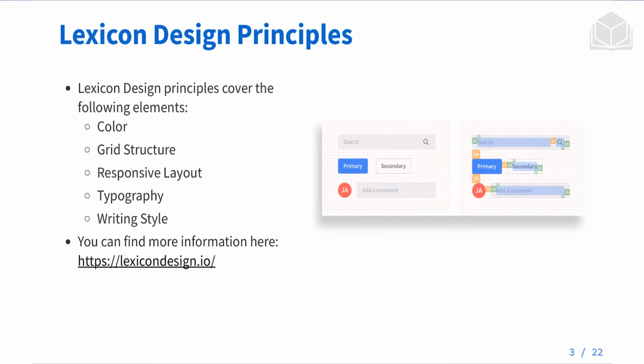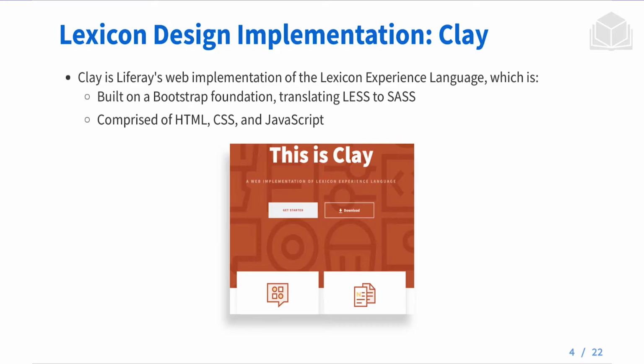We have principles for color, for the grid structure, for how to do responsive layout, typography, as well as writing style. There's actually a new section in there for animations as well. So go ahead and pause the video now, take a look at lexicondesign.io, and get a feel for the different design principles established in the Lexicon design language.